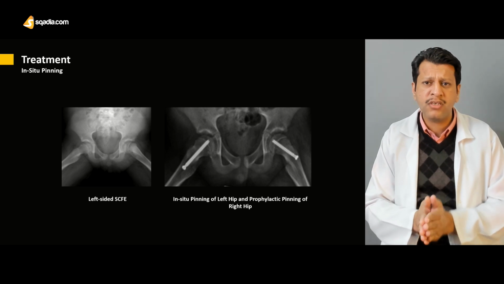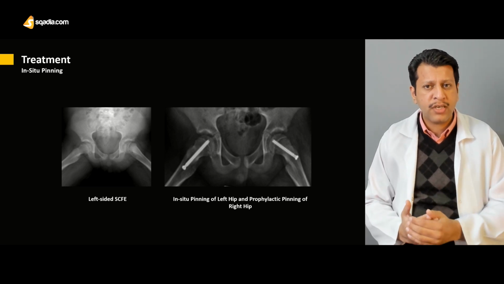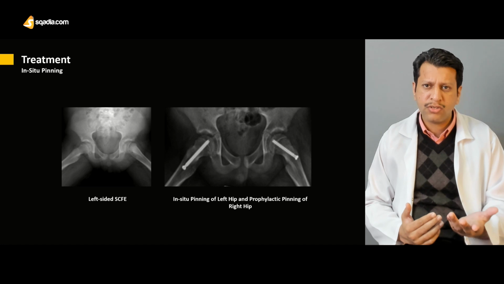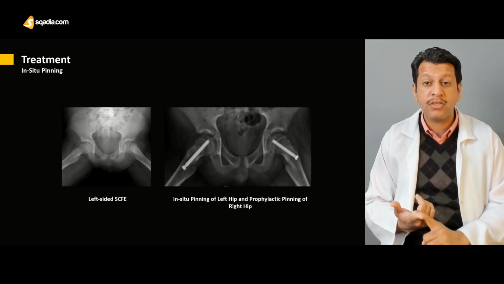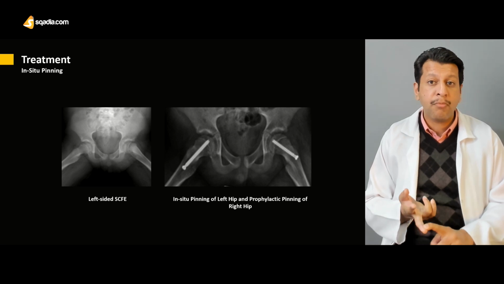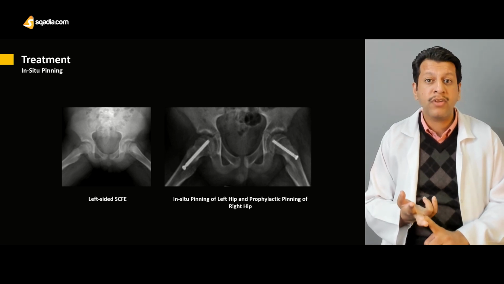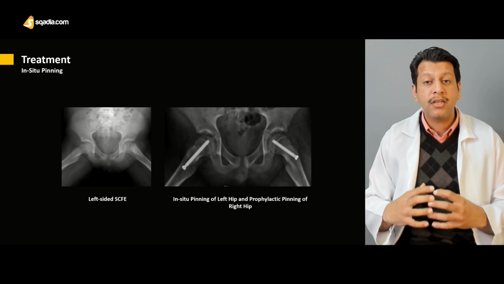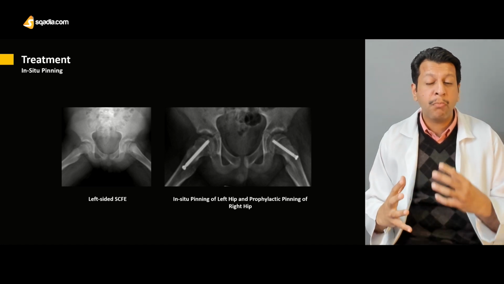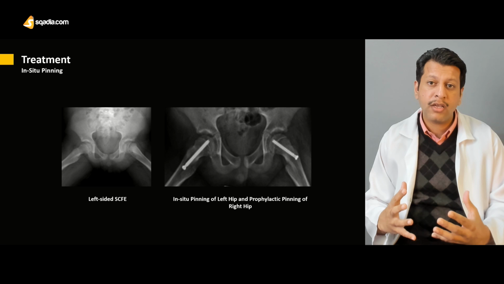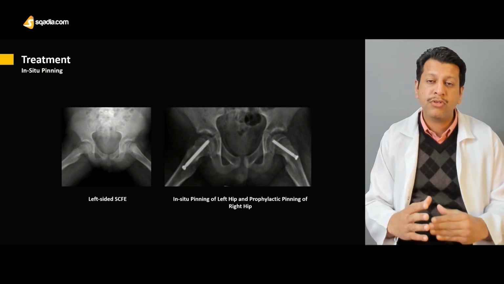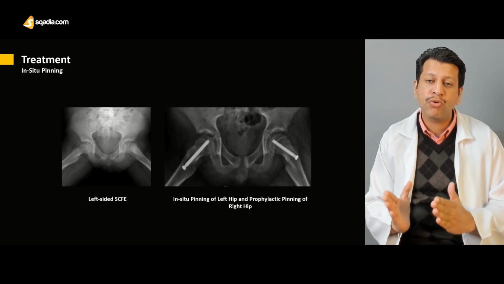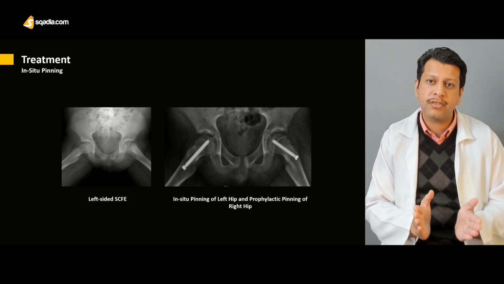If the same patient with SCFE had presented at 8 or 9 years of age, the patient would be obese, and would have an associated history of hypothyroidism, hypoparathyroidism, or even hypogonadism. Then endocrine abnormalities, obesity, and early age of onset or early presentation preclude that you should also go for prophylactic fixation of the other side.